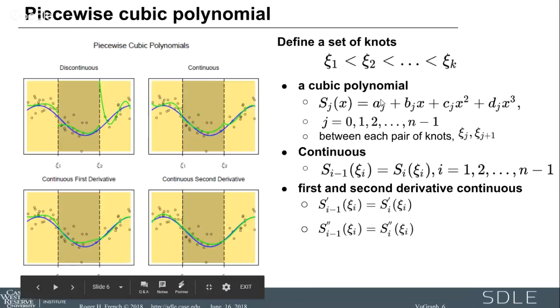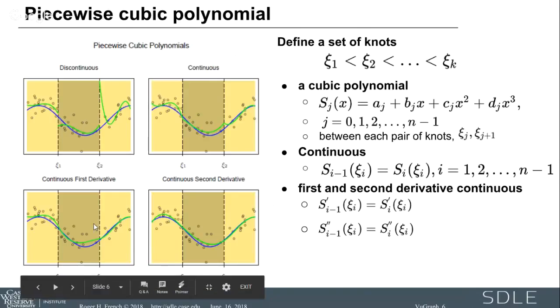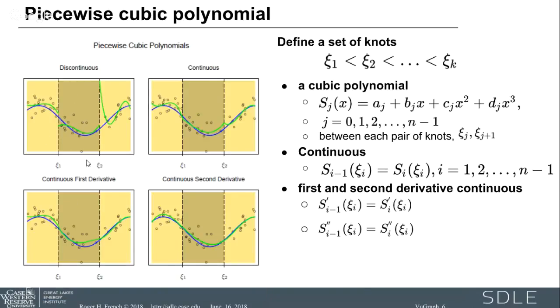Then we also need to ensure continuity. As you can see in these figures, in this case we have two knots, which are two breakpoints, and they divide the range into three regions. This is the first, the second, and the third, and each region fits a cubic polynomial. At first it will be discontinuous, and because we need to make sure this green line is continuous, we need to set up constraints.